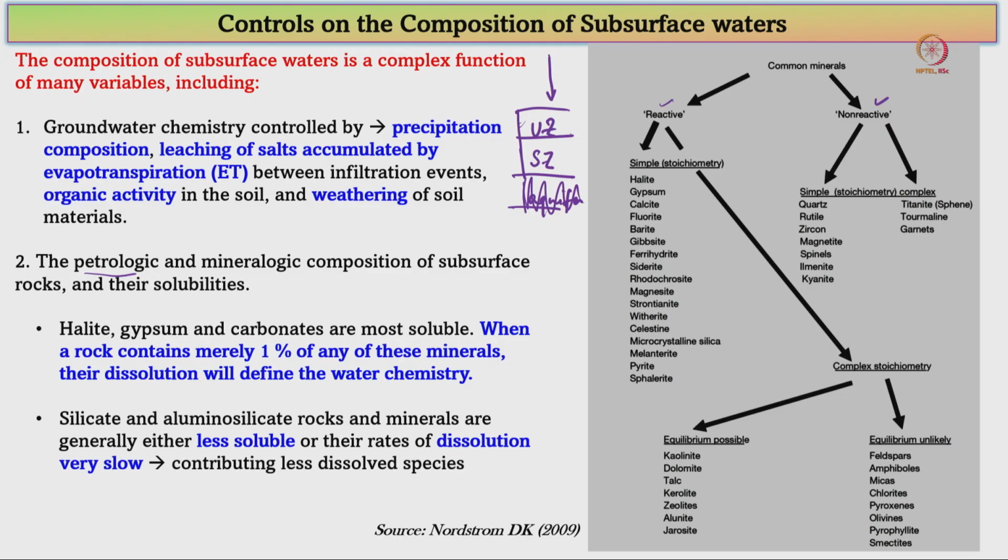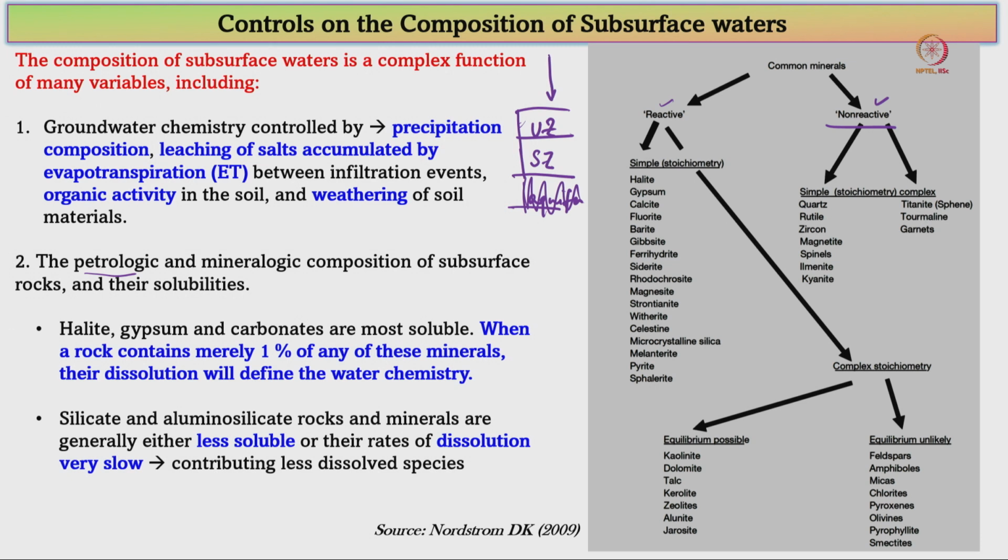But non-reactive in nature means that under normal conditions of the earth's surface environment, these particular minerals are not going to react much. For example, in this class we have quartz, rutile, zircon, magnetite, spinels, ilmenite, kyanite, titanite, tourmaline, and garnet.